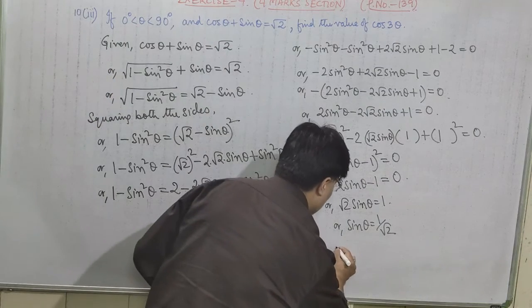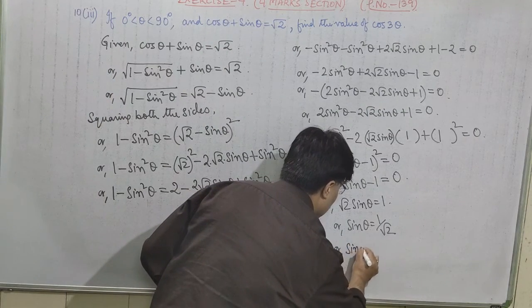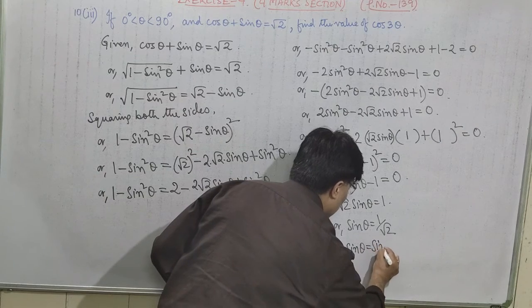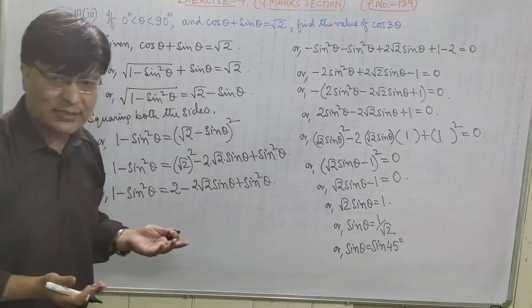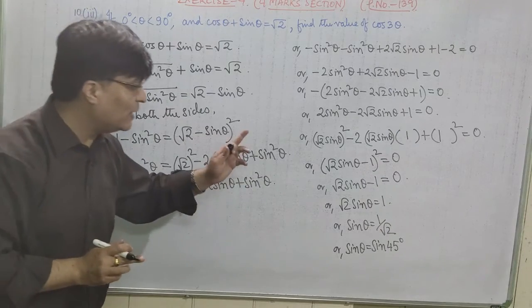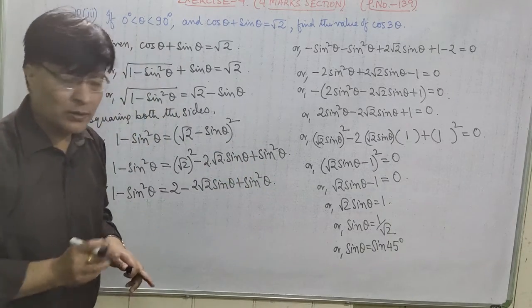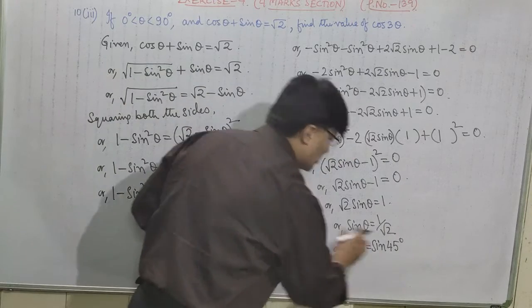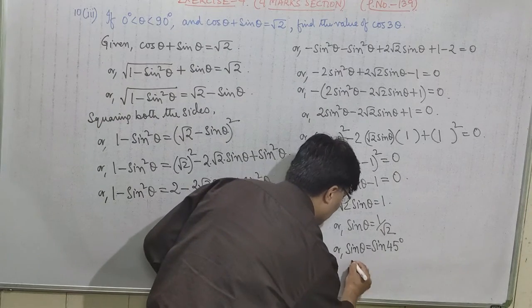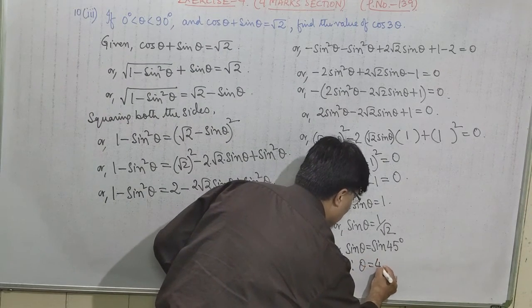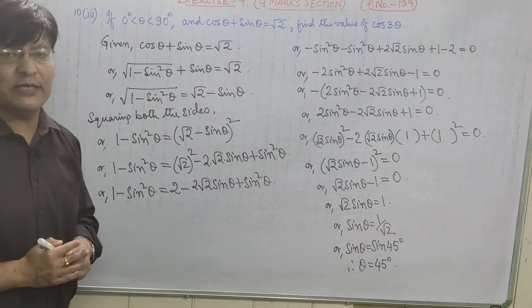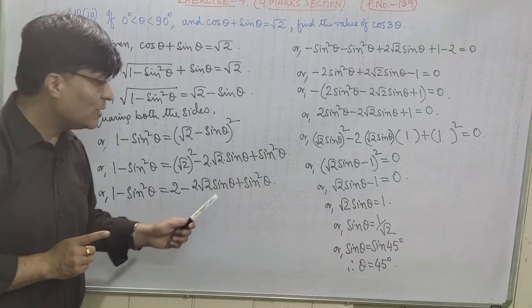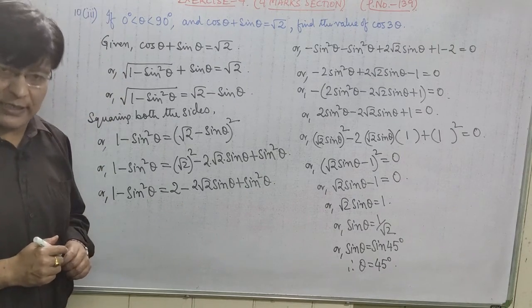We know that sin 45 degree is 1 upon root 2, so we can write sin theta is equal to sin 45 degree. From both sides you can cancel sin. So theta is equal to 45 degree.